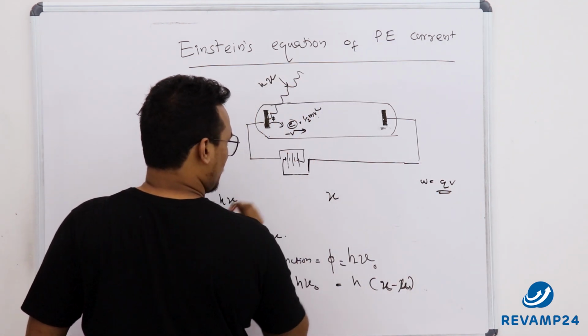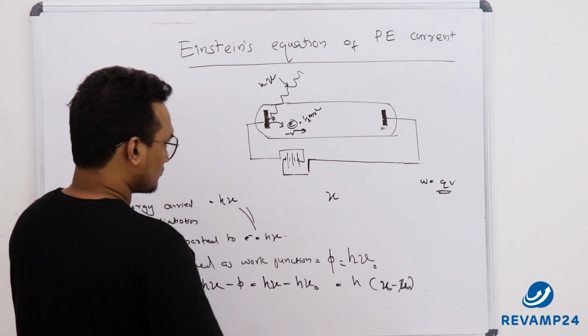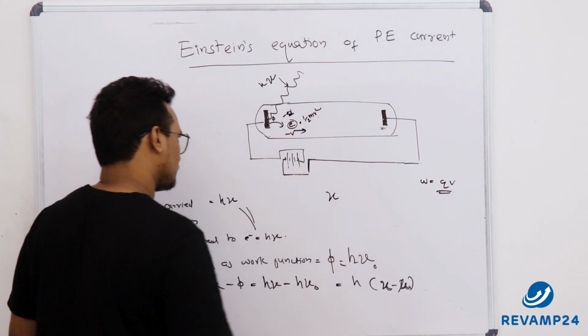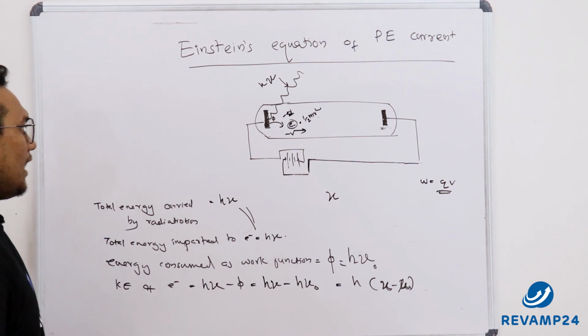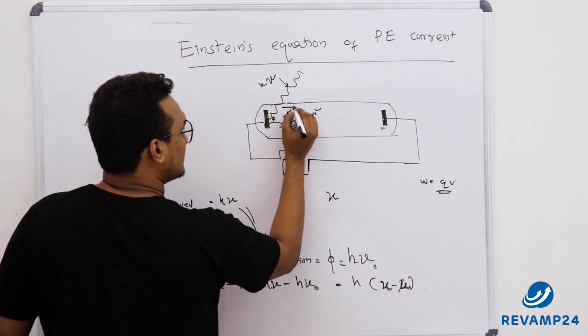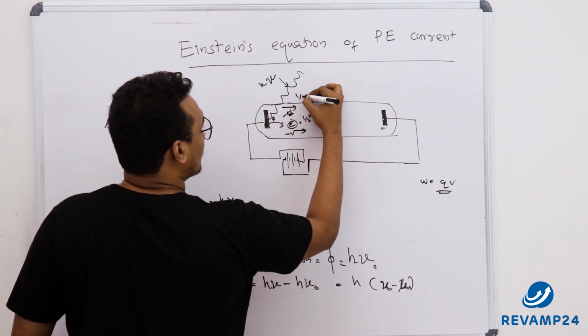Here the potential is negative and the charge is e, so the value will be minus eV. This is the potential energy, and we have the kinetic energy, which is half mv square.